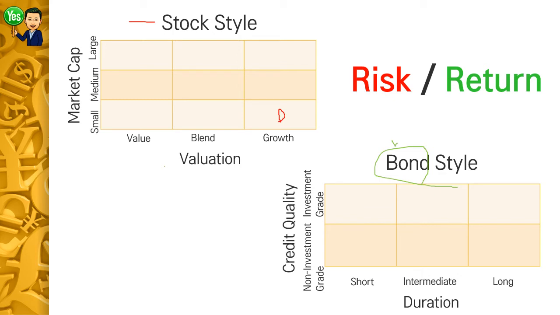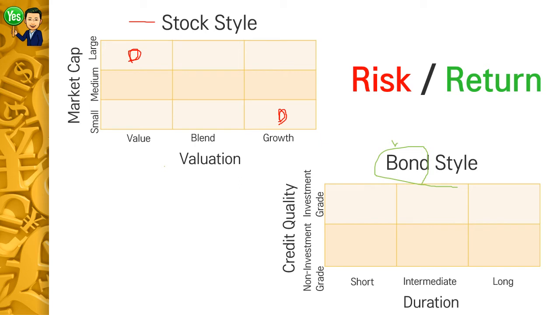When you go to value and large, there's less volatility and a focus on safer returns. High risk, high return, and low risk, low return. That's the way. Let's move to the bond style.